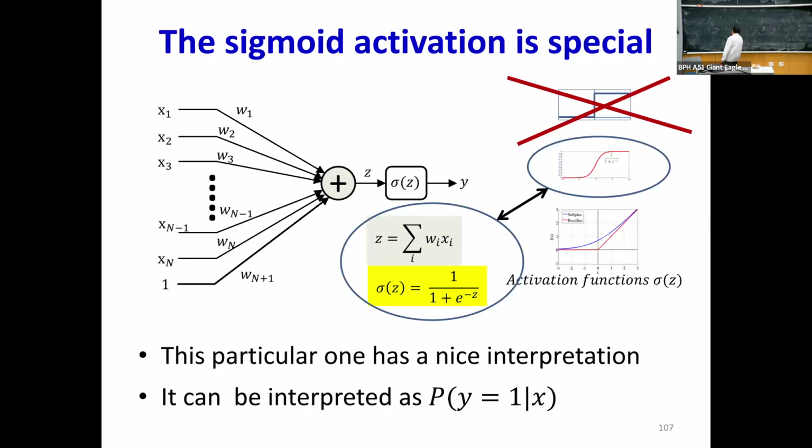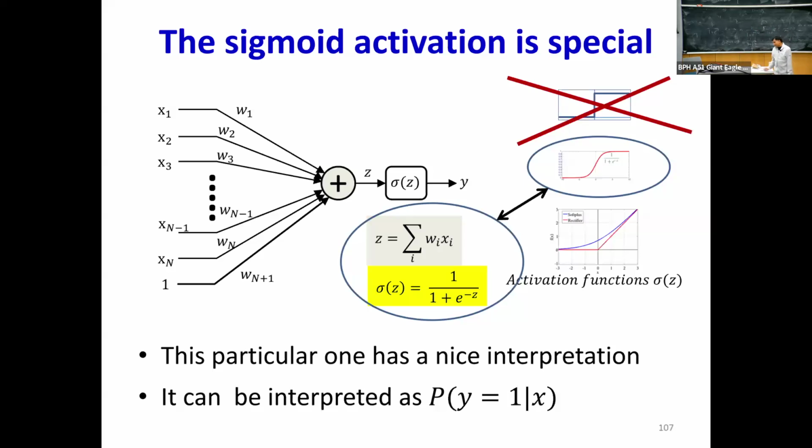And if z goes to plus infinity, this is 1 over 1 plus e raised to minus infinity, which is 1 over 1 plus 0, which is 1. And in between it varies continuously.